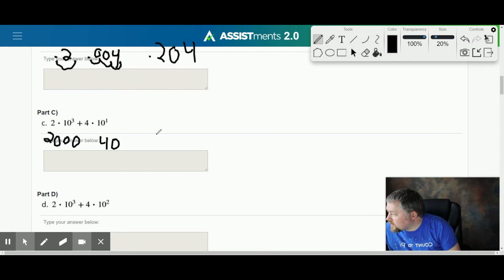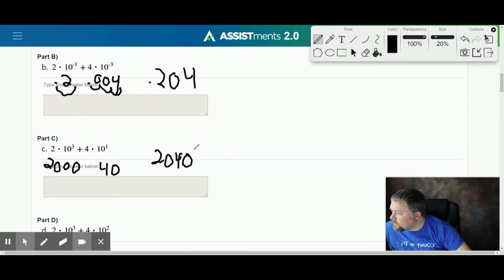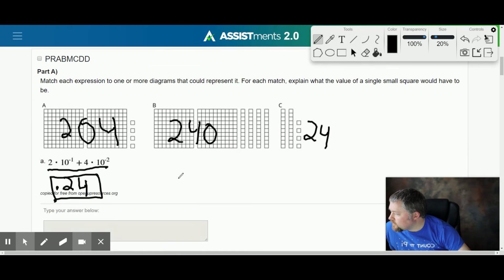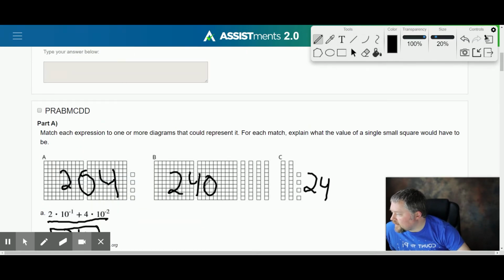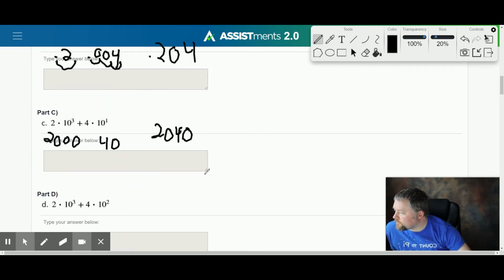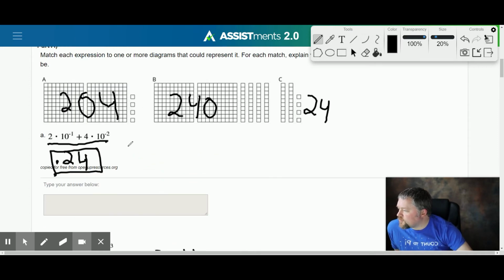We're adding those together, 2,000 plus 40. Which number would that be? 2040? That could be B with the decimal point moved over 1 spot. Nope. Sorry about that. That's not B, that's A with the decimal point moved over 1 spot. 204, this is the one with the 204.